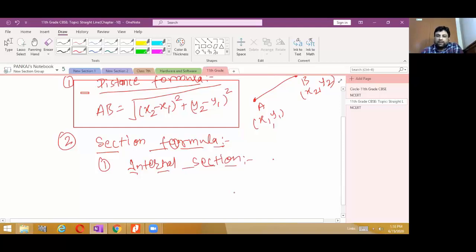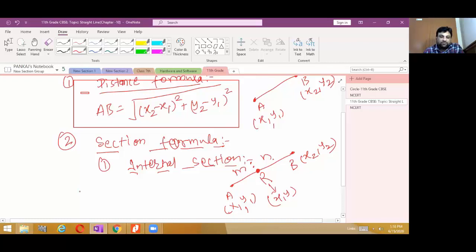So you can see in the internal section formula, suppose there are 2 points A and B, and the coordinates of A are x1, y1 and the coordinates of B are x2, y2. Clear? Suppose any point R having coordinates x, y divides AB in the ratio m:n, and the important thing is, internally.